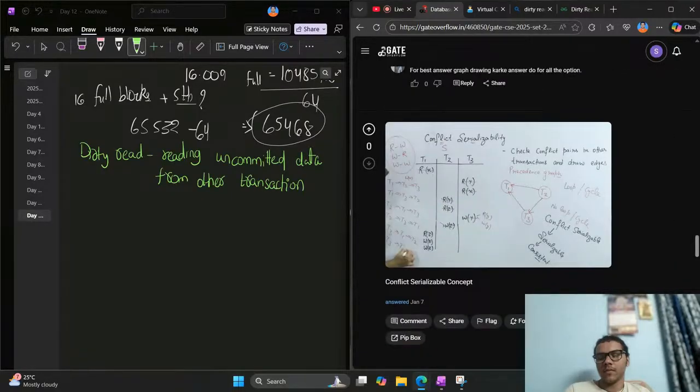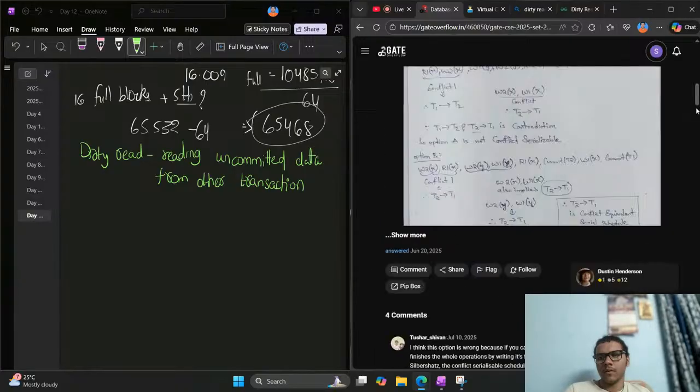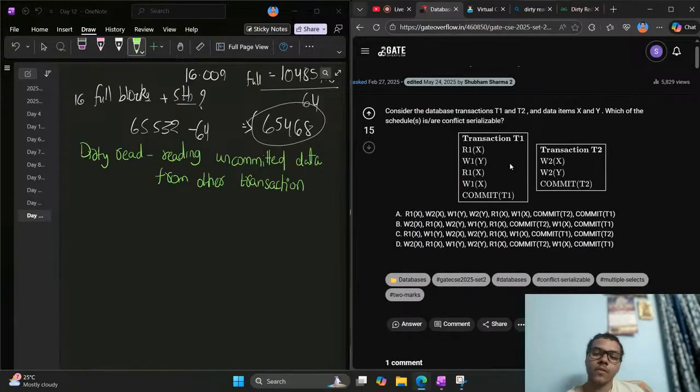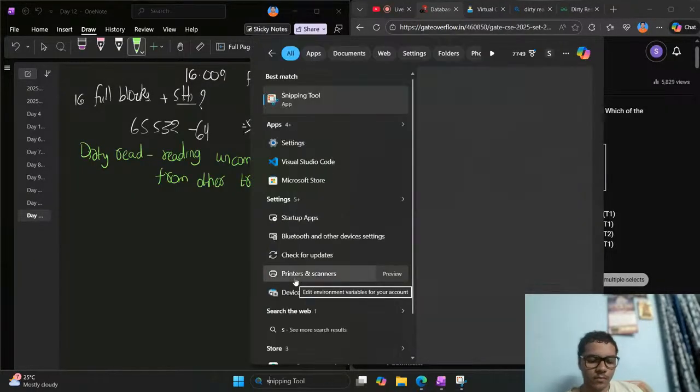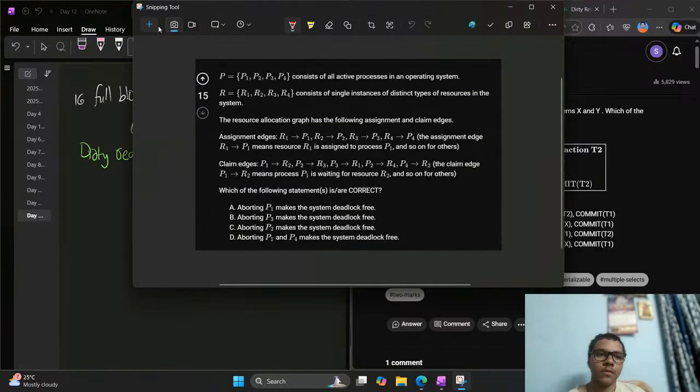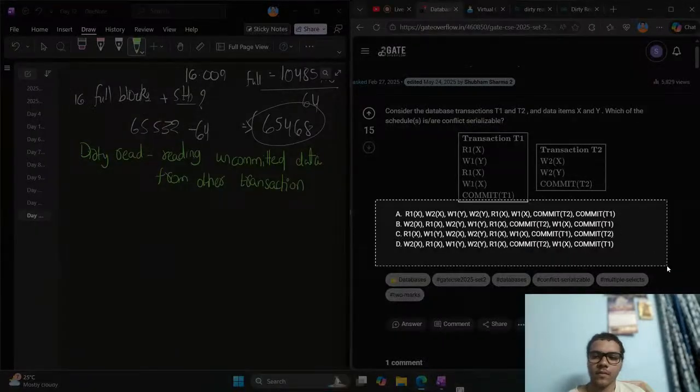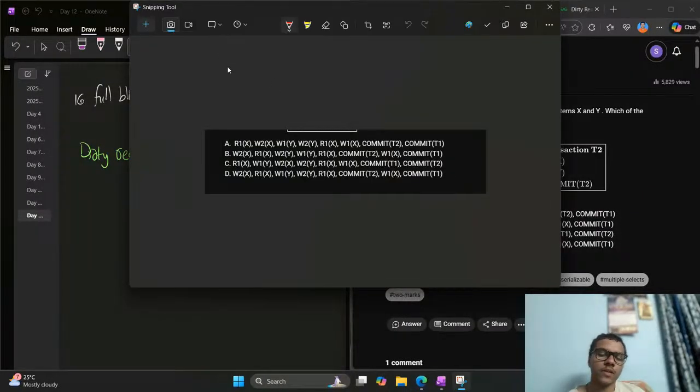Precedence graph. So we can do something like this, since they are for two transactions only.